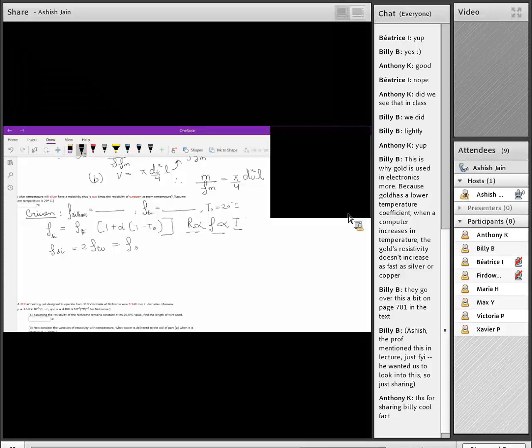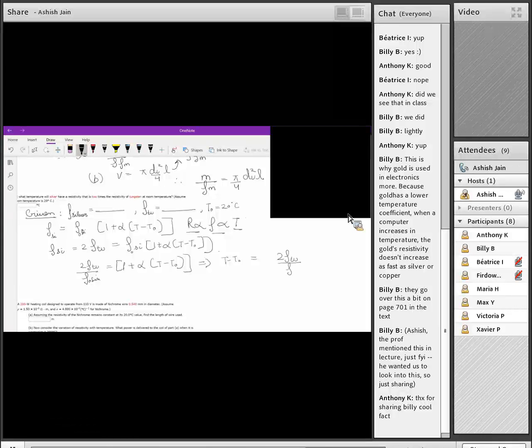I have to find T. I just equate this equation to 2 times rho tungsten, that is rho naught silver times 1 plus alpha into T minus T naught. From here, 2 rho tungsten by rho naught silver is equal to 1 plus alpha into T minus T naught.